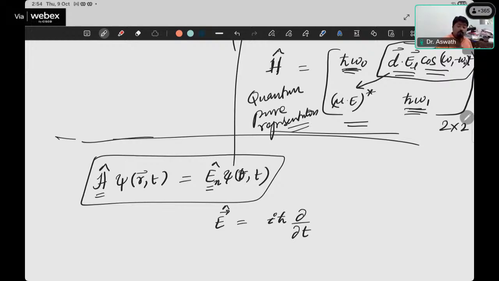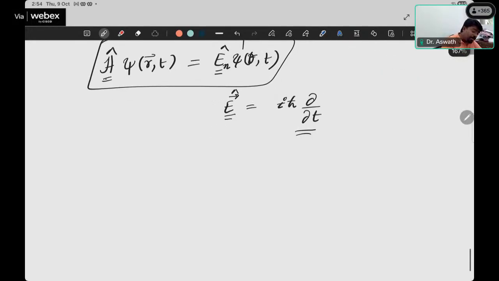Somewhere or other I need to bring in the dynamics. So H is a matrix. How do I know the dynamics of the system in time? I need to convert energy into a time-domain derivative. This is how you usually need to understand it: H psi is equal to i h-bar partial derivative with respect to t of psi.